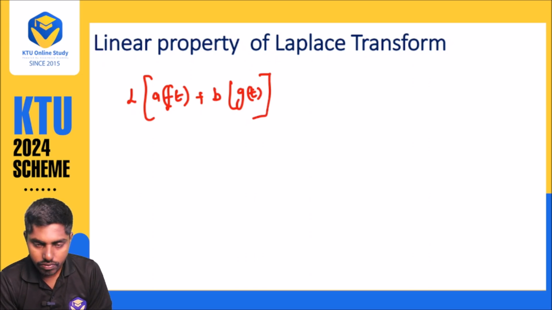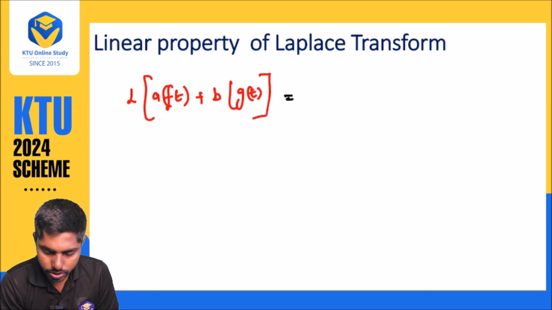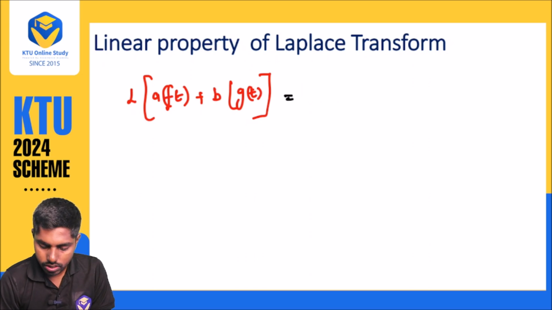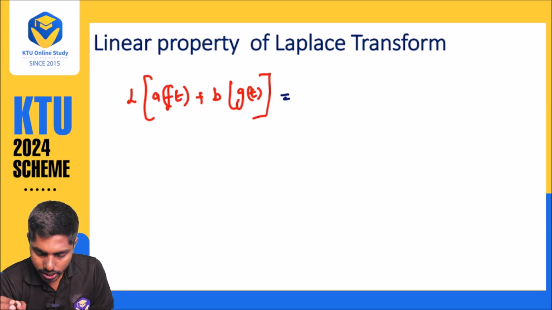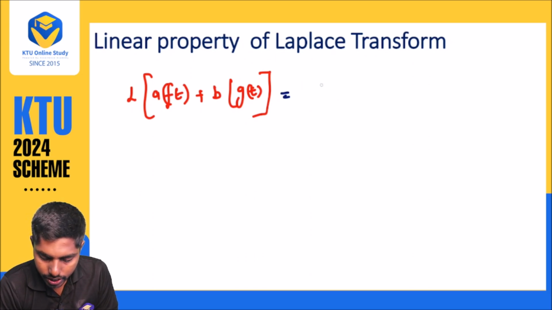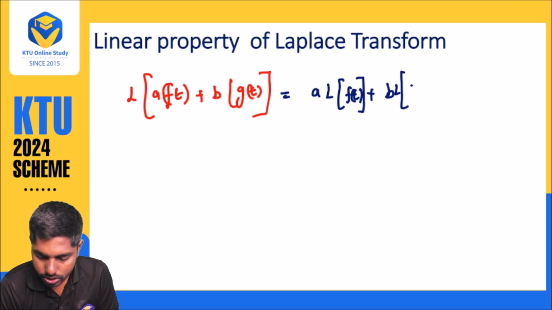See, this goes into a linear transformation. It will be converted into a into Laplace of f of t plus b into Laplace of g of t.